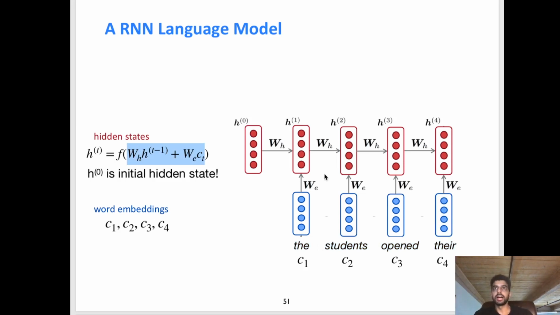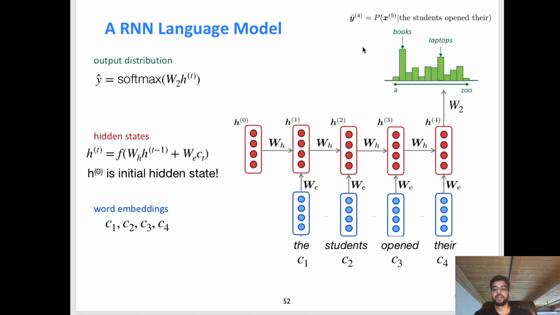And so h sub 4 we're going to treat as our representation of this full prefix. How do we get from h sub 4 to a distribution over our vocabulary? Well, we have already seen this now multiple times, right? I'm going to simply use a softmax layer with a separate weight matrix, W sub 2, to project this h sub 4 into the vocabulary space.